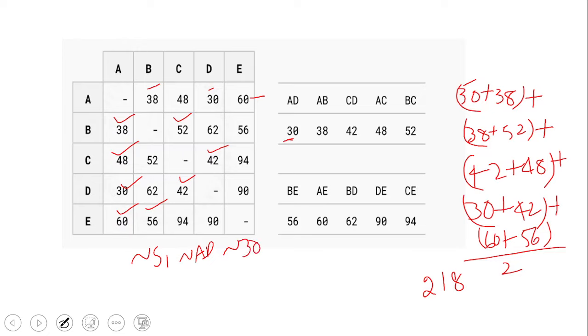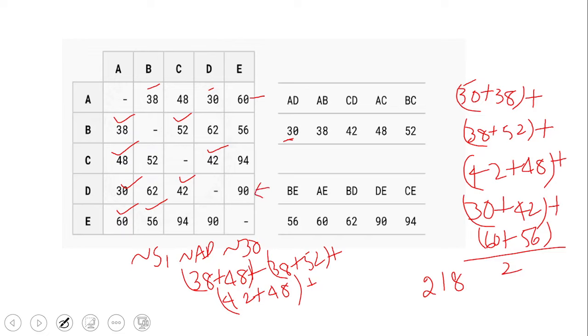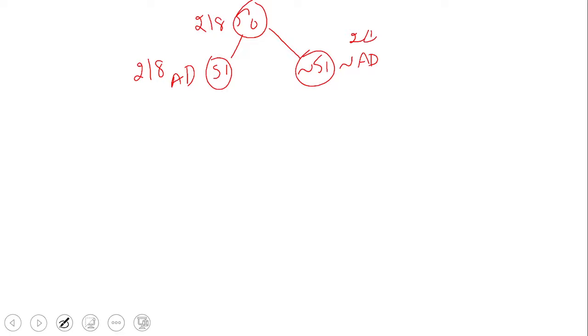So what will we get? 38 plus 48 plus the remaining, 38 plus 52, plus 42 plus 48, plus, in this row we won't consider 30, so the remaining two are 42, 62. 42 plus 62 plus 60 plus 56, divided by 2. What we get there is 243.